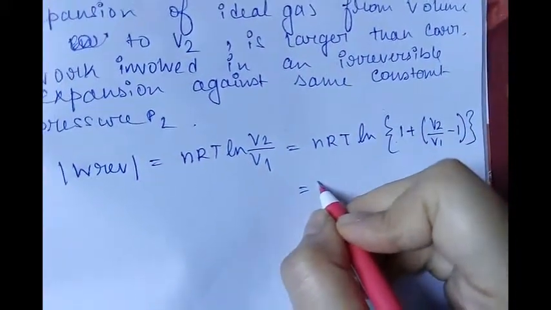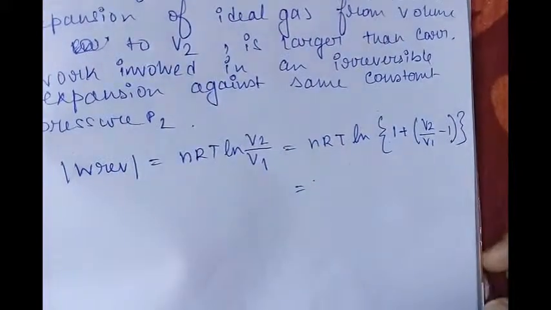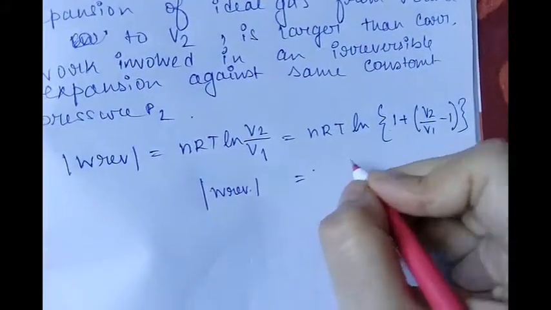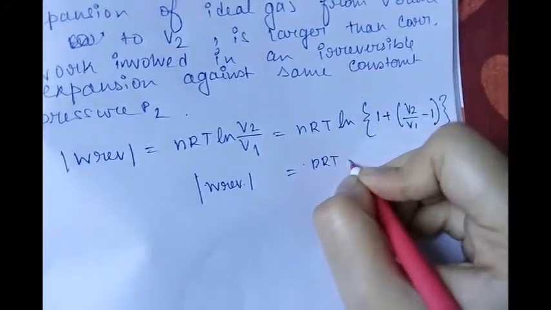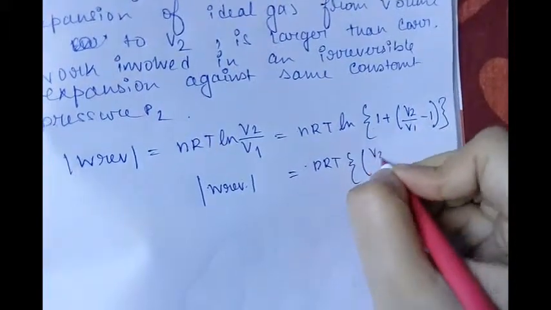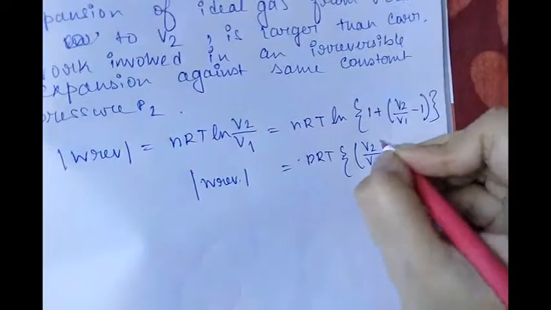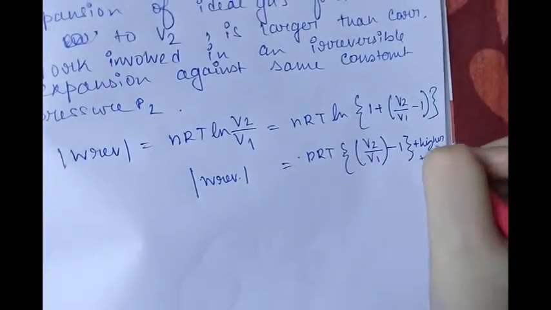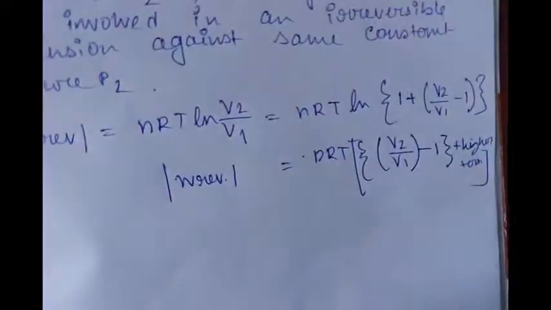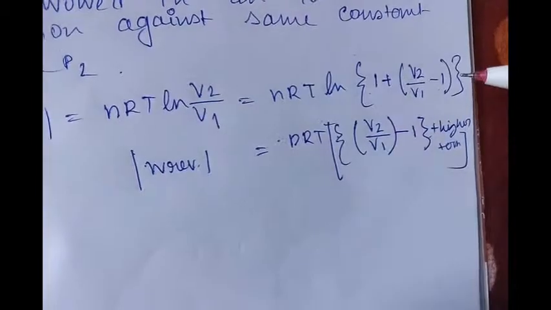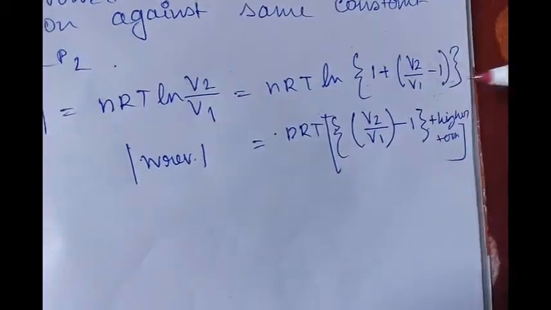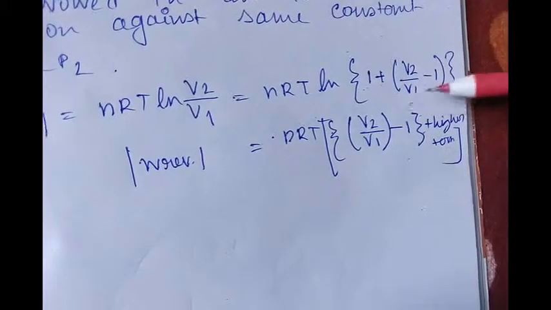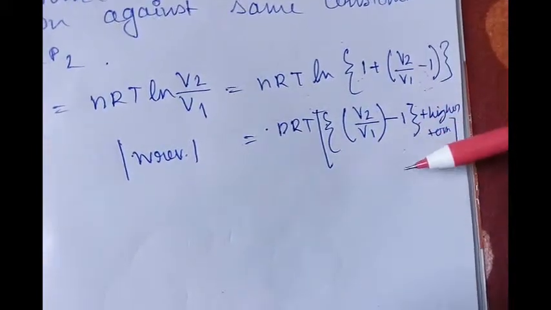Now W reversible equals nRT (V2 by V1 minus 1) plus higher terms, as if we expand this logarithmic term, then ln(1 plus (V2 by V1 minus 1)) will be equal to V2 by V1 minus 1 plus higher terms.